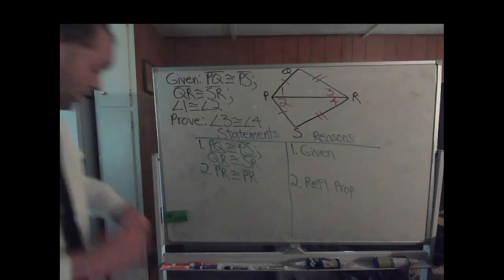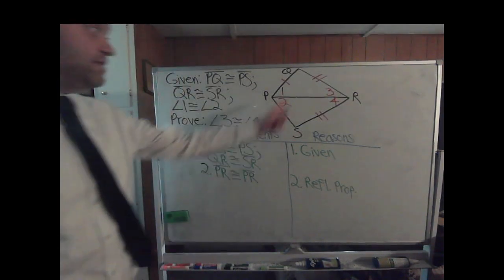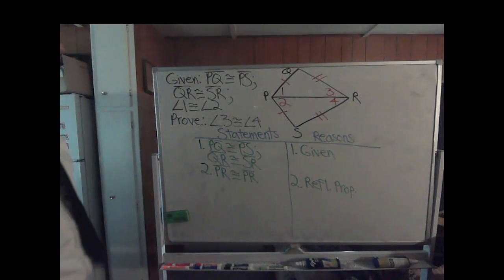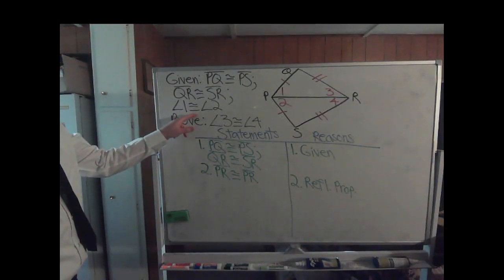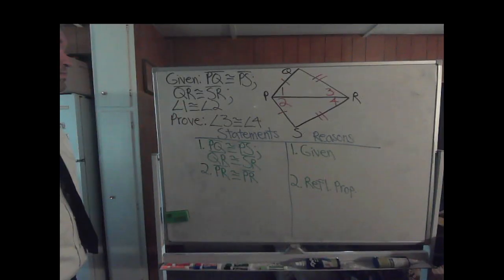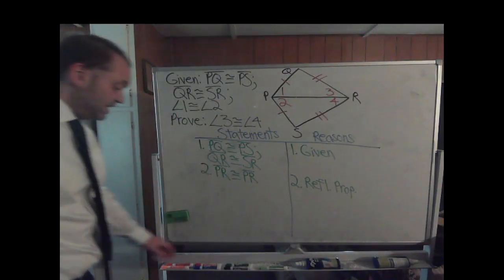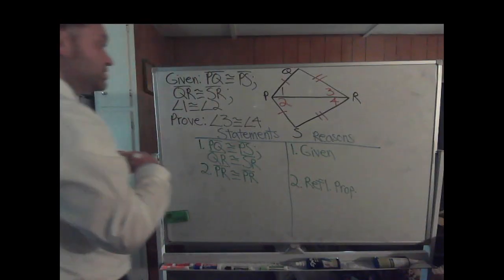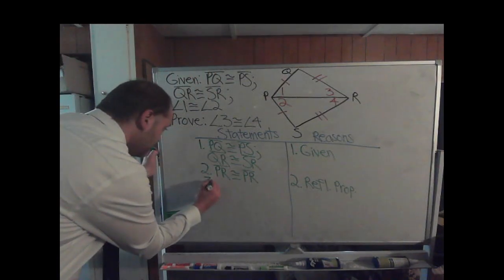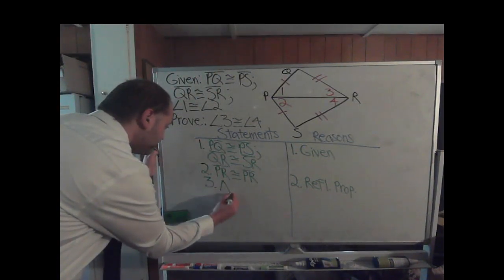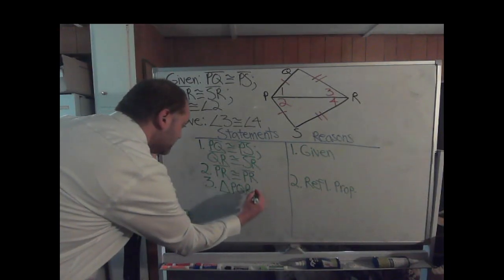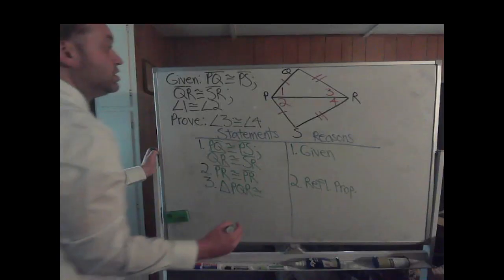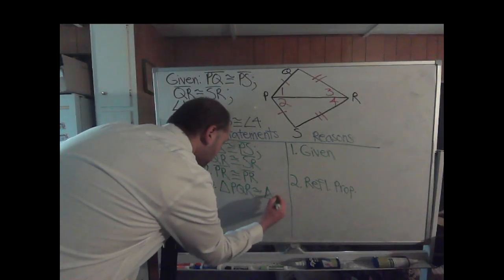So, it turns out we actually have three congruent sides. We don't even need to consider angles 1 and 2. We really don't even need to consider them. We just have three congruent sides, which right away enables us to conclude that triangle PQR is congruent to triangle PSR.